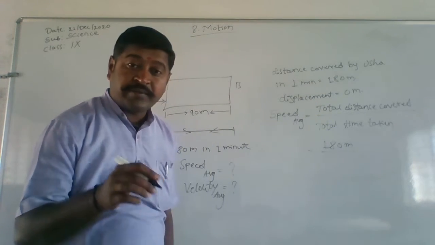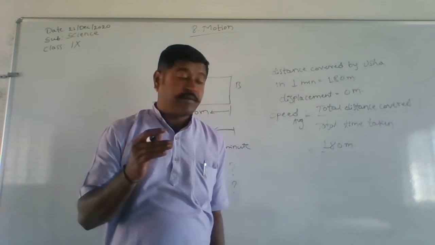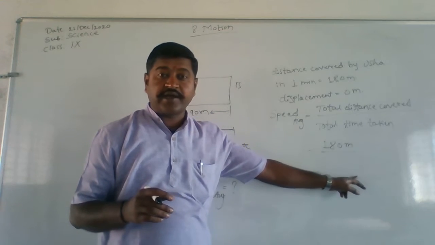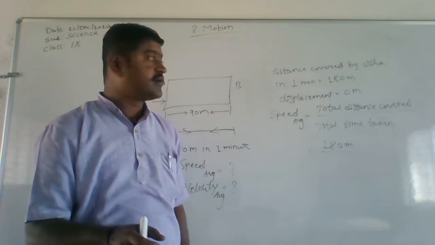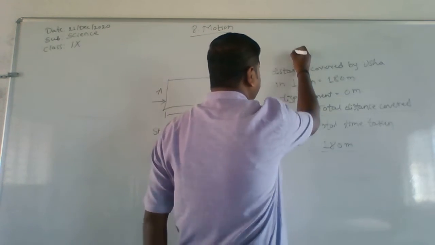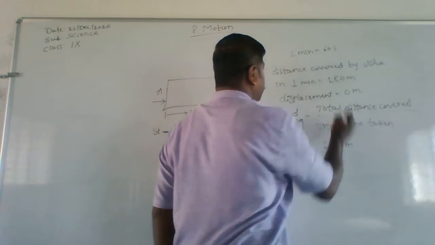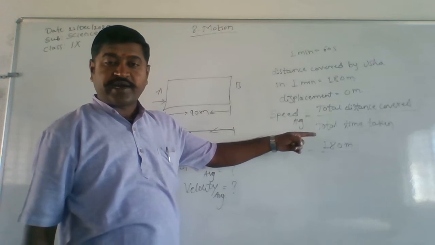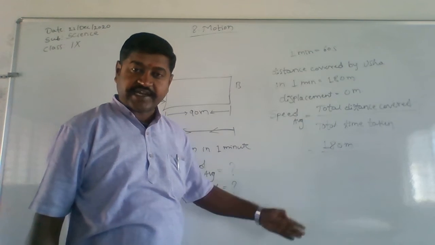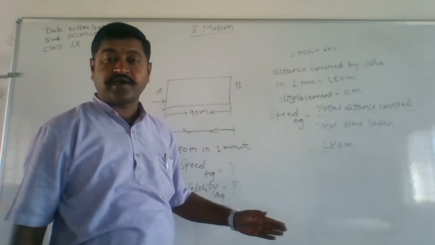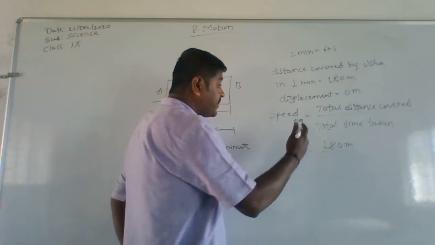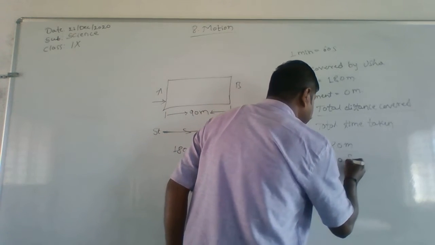And time 1 minute. Since meter comes in the numerator, what should we take below? We have to take it in seconds. So 1 minute is nothing but 60 seconds. So when it is meter in the numerator, we have to take seconds in the denominator. You should keep this in mind. So 1 minute is 60 seconds.